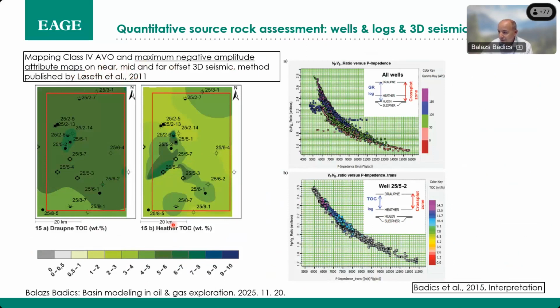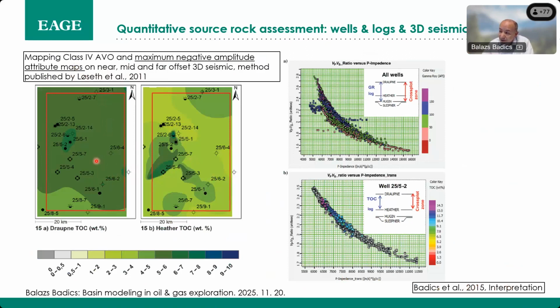Of course, if you want to have good quality maps, you have to have good quality 3D seismic. And we had that in this case. In this presentation, I did not show the good quality 3D seismic because then you have to get access or approval from CGG, PGS, and so on, and it's really, really difficult. So here, this is the published one from the Interpretation article. And also what I can mention is that the method works really well for good source rocks.